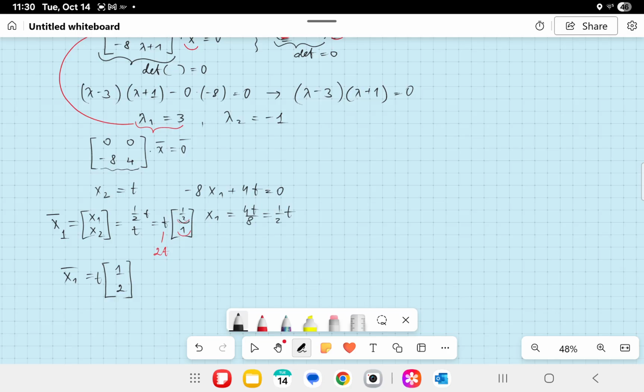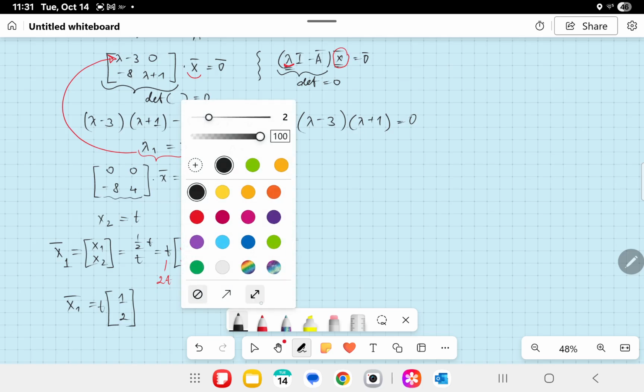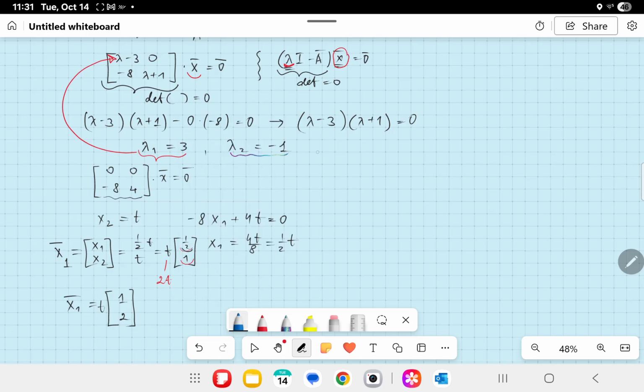Okay, now, so we are done with my first lambda. Now we have to repeat the process for second lambda, for this one, right? And for this lambda, maybe I should change the color so you can kind of see the difference. So I'm solving it for my second lambda. And I need to plug second lambda into my same equation.